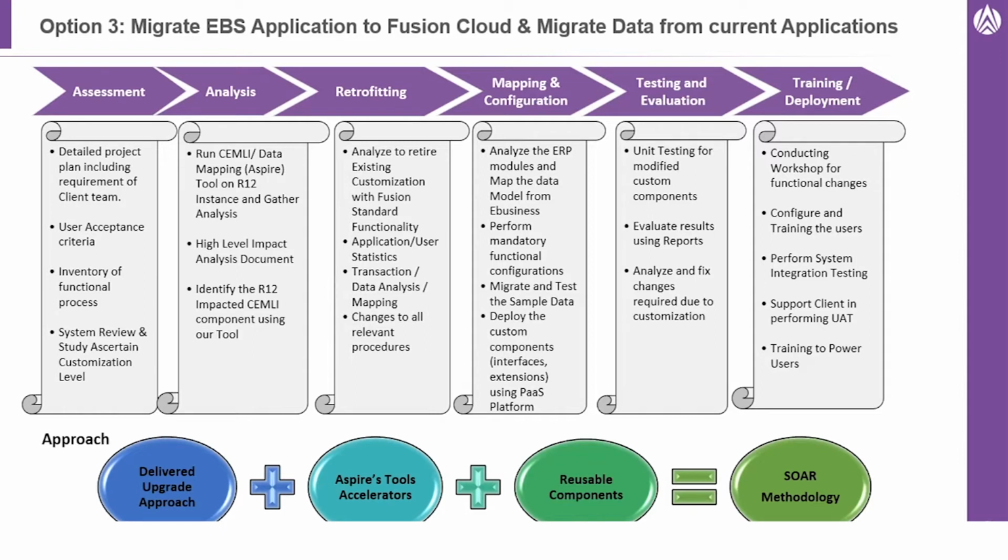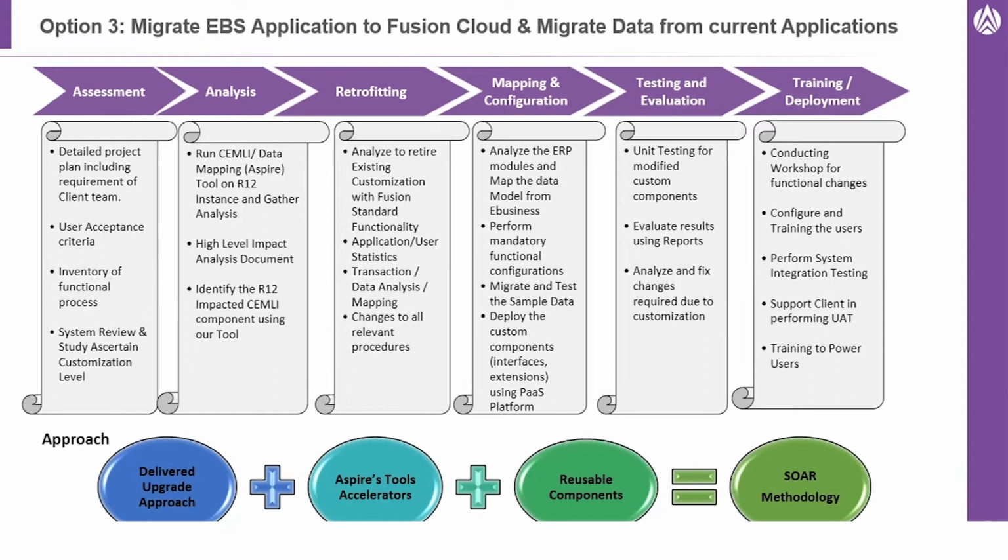On top of it, additional features come in, specifically handling the cloud part of it. This is quite recommended for customers who want to adopt standard business processes mostly. But from a customization perspective, they have to host all the customizations on the PaaS platform. Those are the pros and cons of this approach.